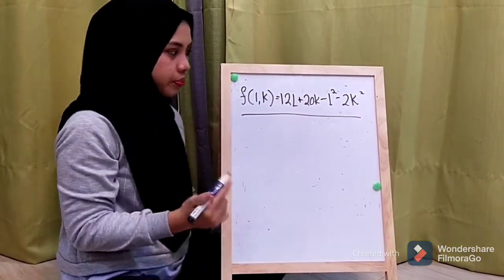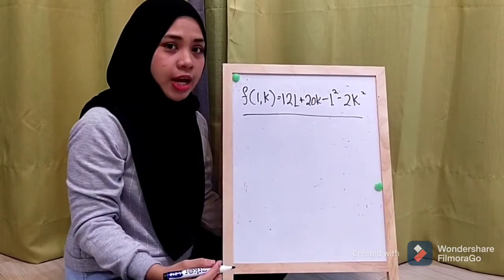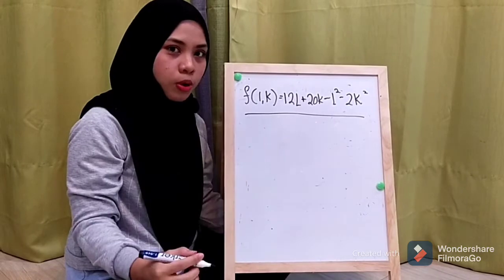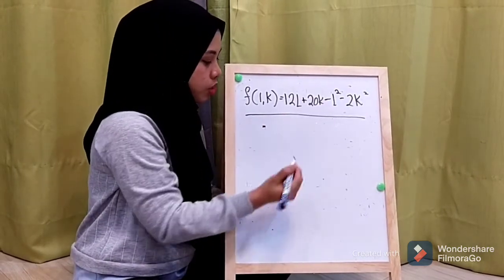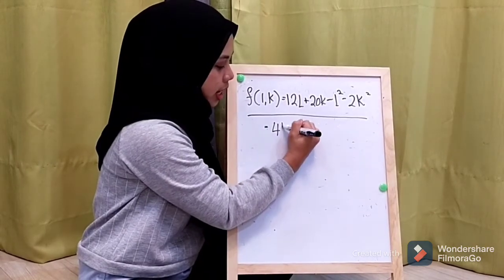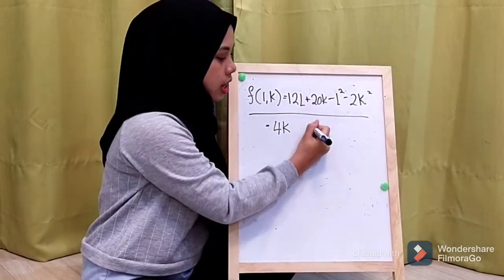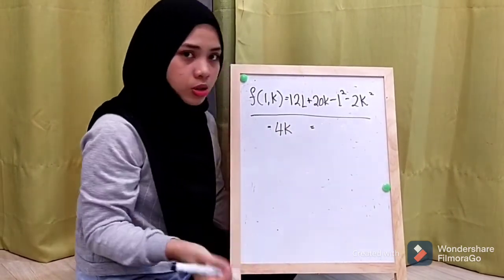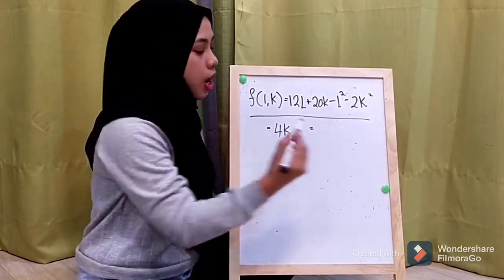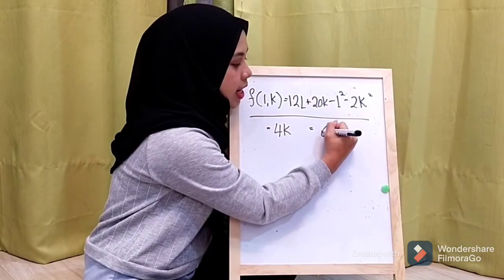Another information that I get from the question is RM4 refers to the K bolts, so we will write it as 4K. And then, the question also says that RM8 refers to L bolts, so I will also write it like this.